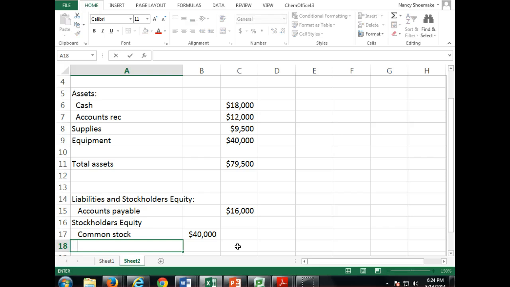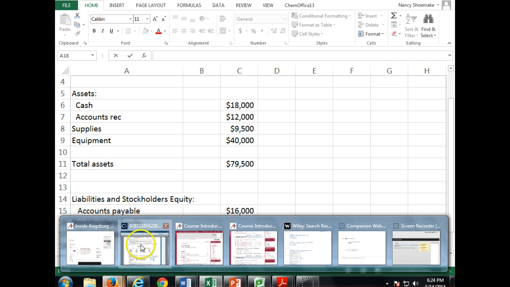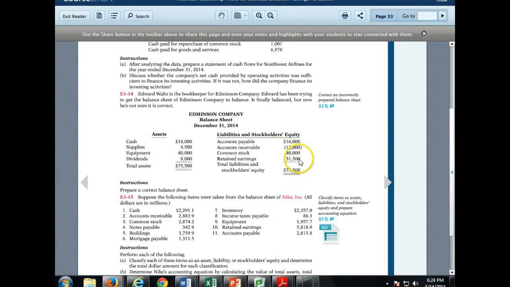What did it show here our retained earnings were? It showed retained earnings of 31.5, doesn't it?